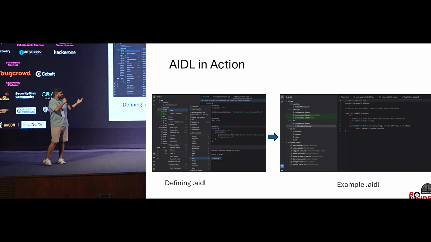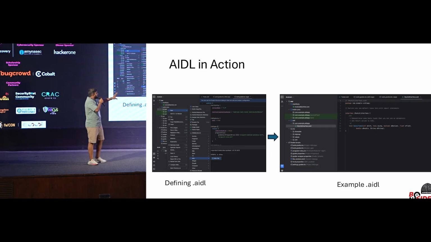So when we say AIDL in action, it's what I explained in the previous slide. When you go inside your Android project and create a new AIDL interface, you have a very simple looking AIDL file with no logic implemented.